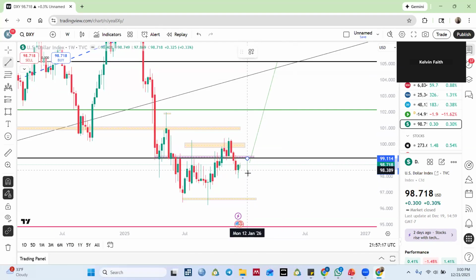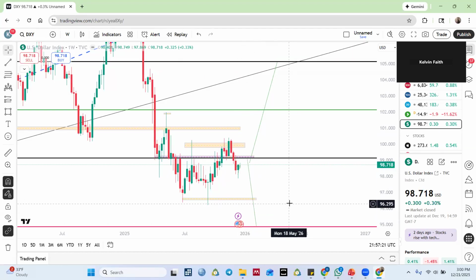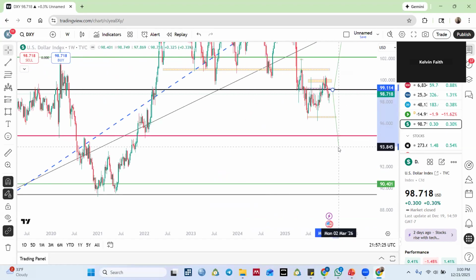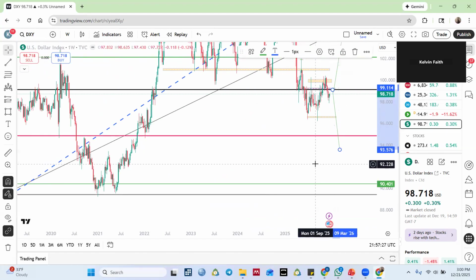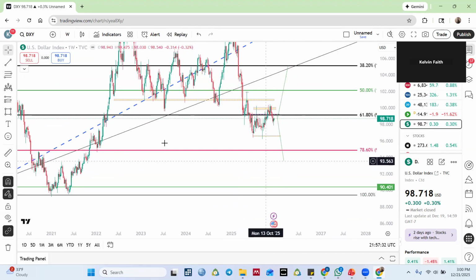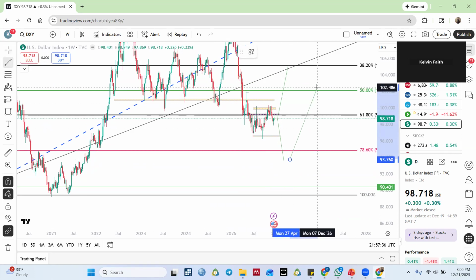You could just retest here and drop back to 78, before it can make any move again to the upside. Okay. So these are two possibilities.